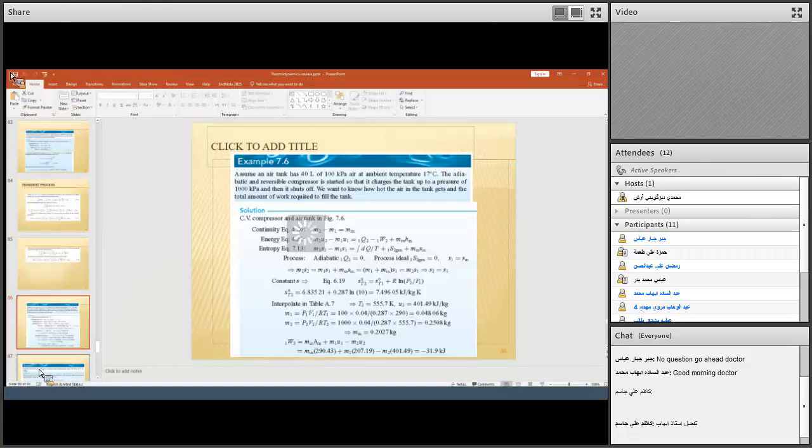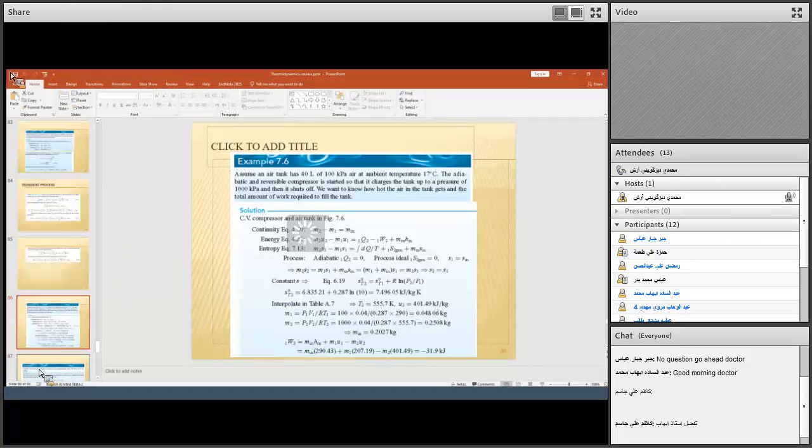The other equation is the energy equation, the first law: M2U2 minus M1U1, the variation of internal energy of the control volume or tank, equals the heat transfer between state 1 and 2 minus the work done between state 1 and 2, plus M in H in, the mass of the inlet air times the enthalpy of the air.